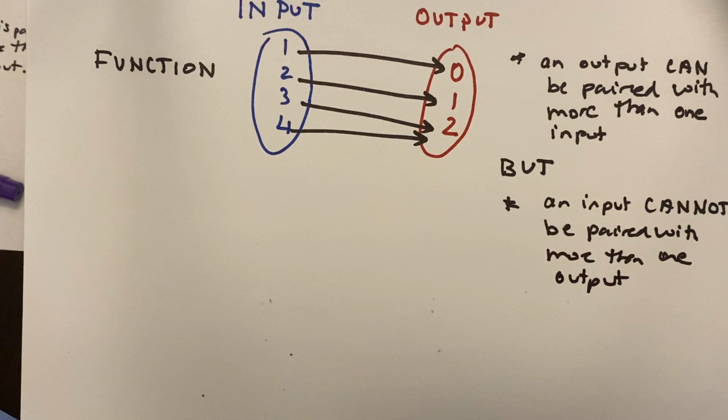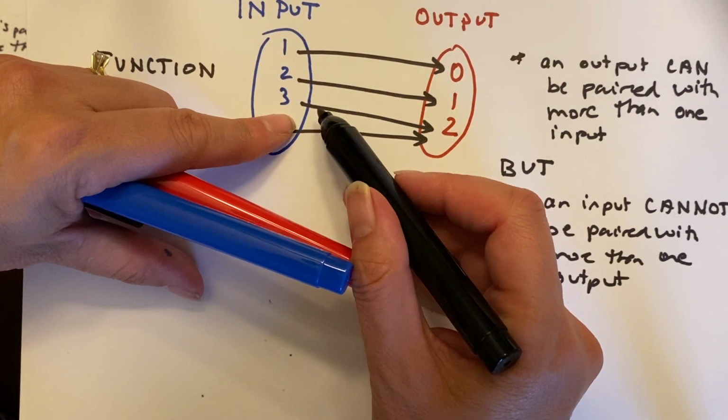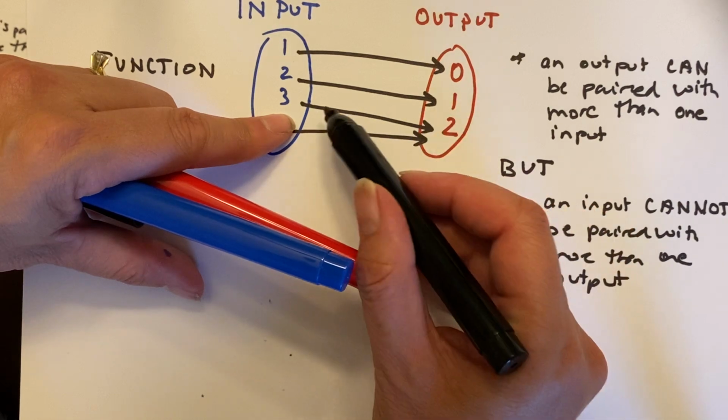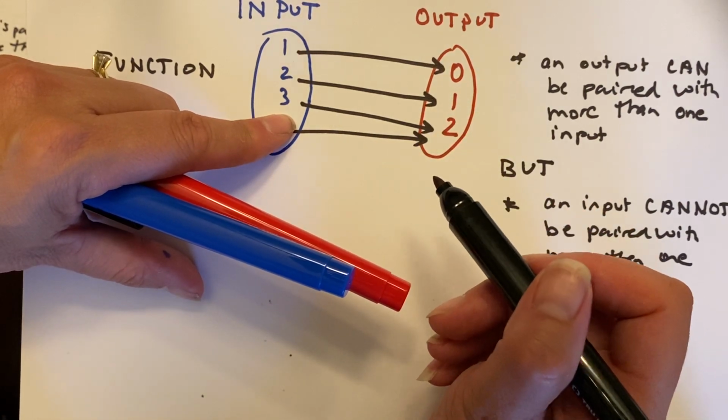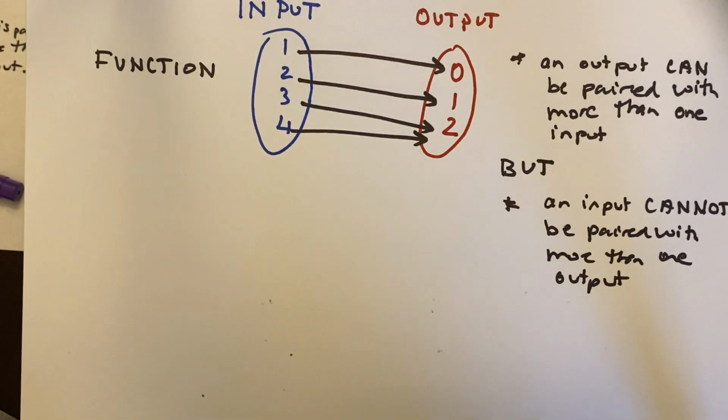In other words, you can't have 3 causing both 1 and 2 at the same time. Okay, that's not a function. It doesn't work that way. Okay, this is extremely important. This is what defines what causes a function or does not cause a function.